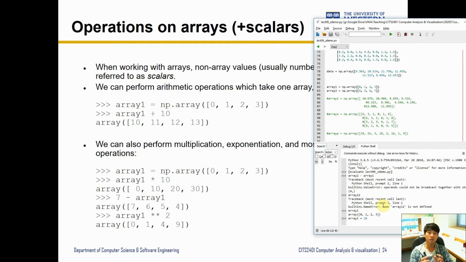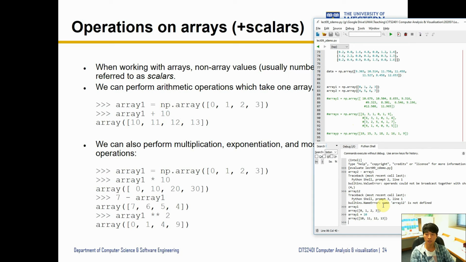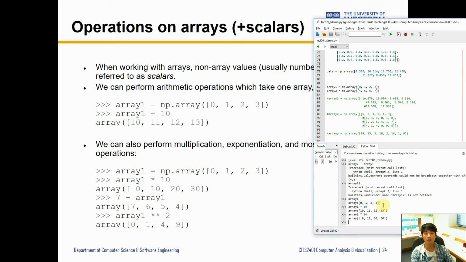I want to add 10 to all the items in array 1. So this is going to return 10, 11, 12, and 13. Not only pluses, but we can do multiplications, that's fine, as well as subtractions.